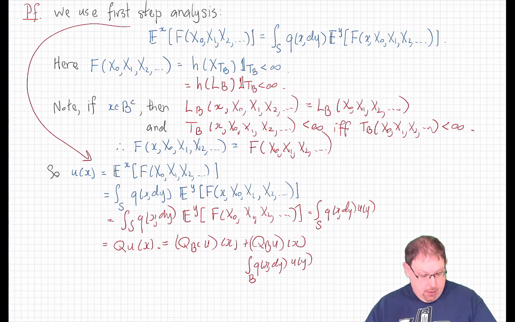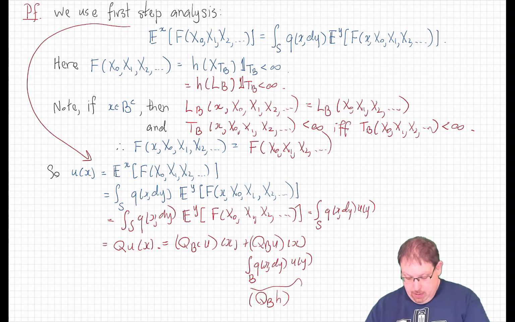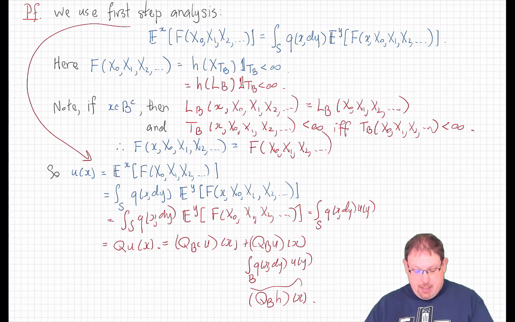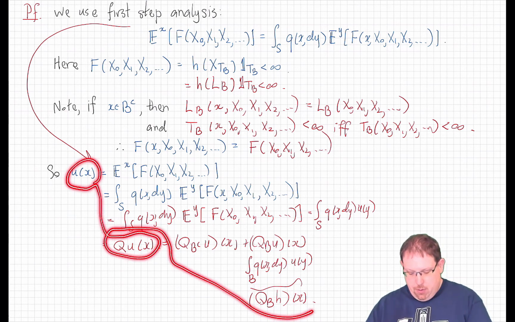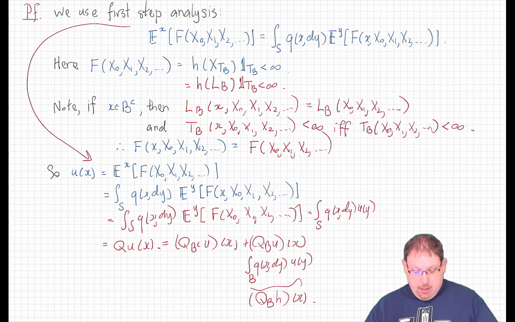And so this second term is just Q_B of h at x. And that tells us that Qu of x is equal to Q_B complement u of x plus Q_B of h at x. And that gives us exactly the recursion for u on B complement that was the second statement of the theorem. The first statement, that u is equal to h on B, was proved basically on the last slide. And so that concludes the proof of this theorem.